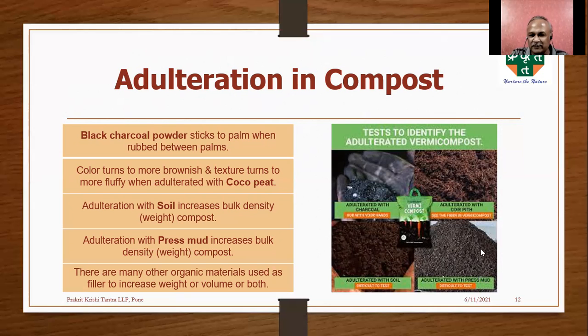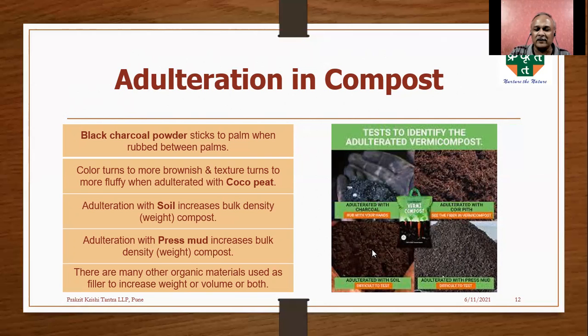Or sometimes pressed mud is also mixed with this compost in the market. If pressed mud is added in the compost, then you will see that dryness is there, and if you observe the particles taking it in your palm, you will find that instead of uniformity, some kind of unevenness is there in the entire formation.